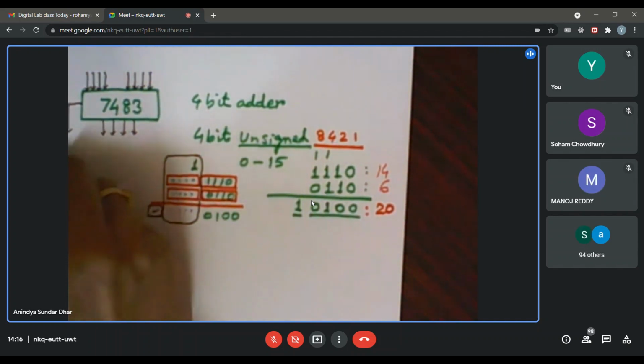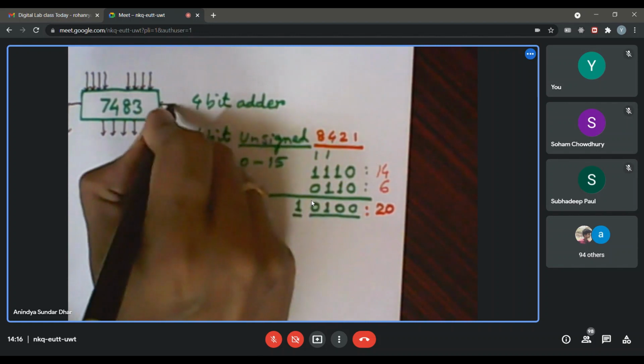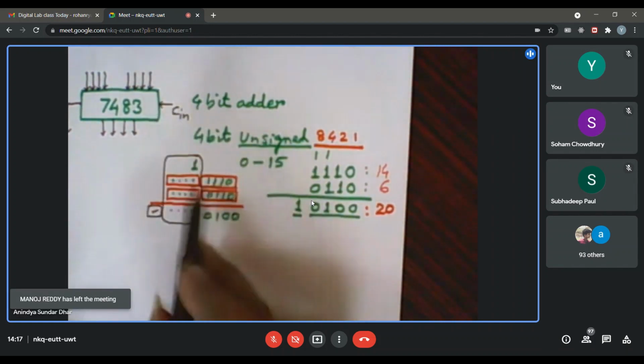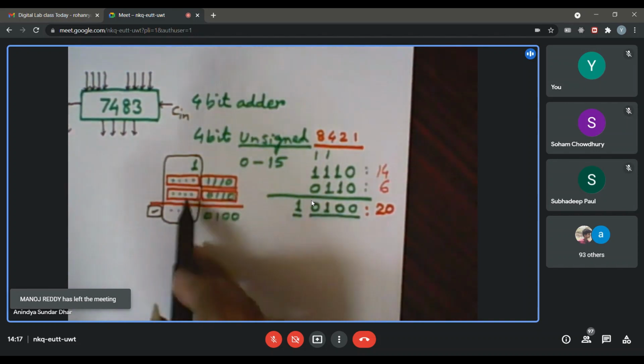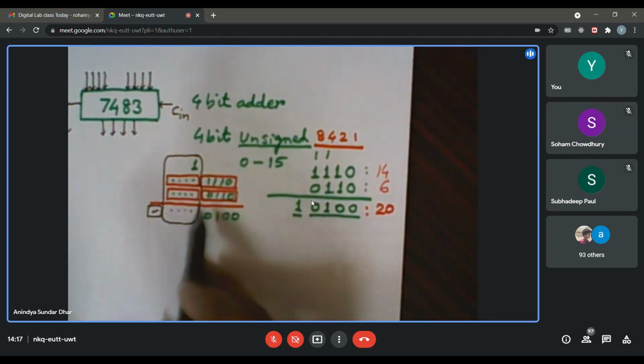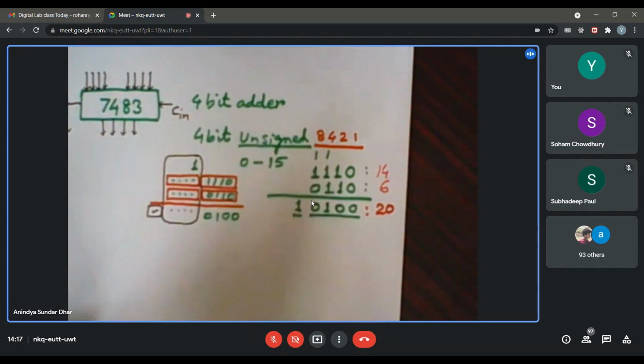I am writing C out. And there might be a provision of having a carry in, as we are mentioning, that maybe from some other 7483, which is in its previous place, a lower byte, lower nibble place, that may provide a carry. So I may require a carry input as well.